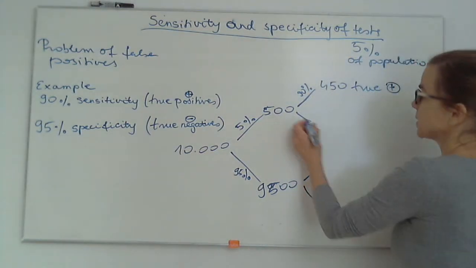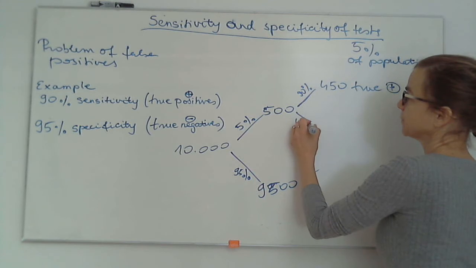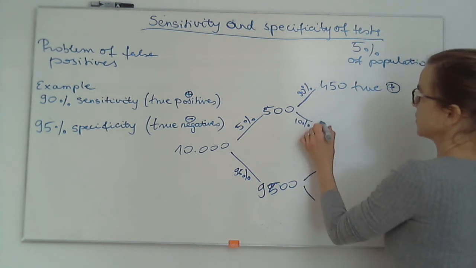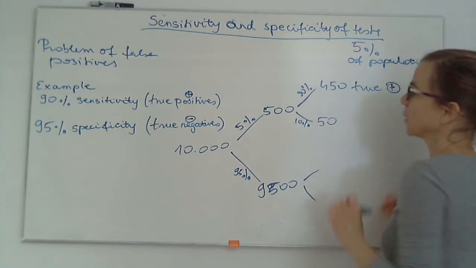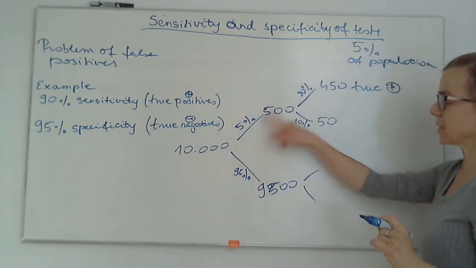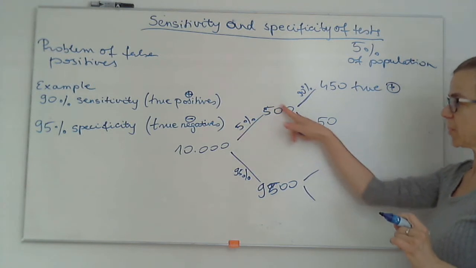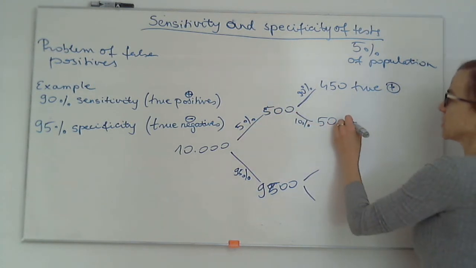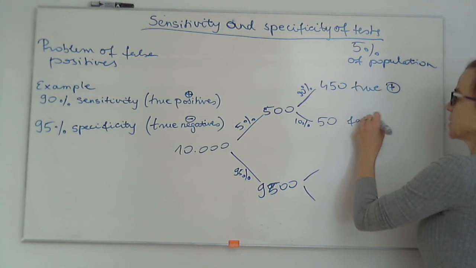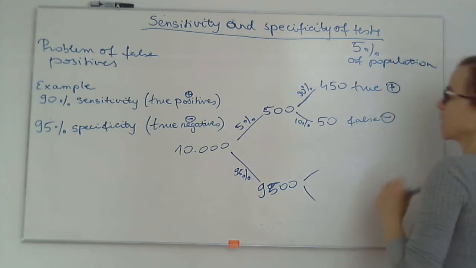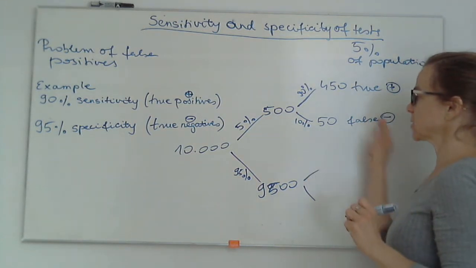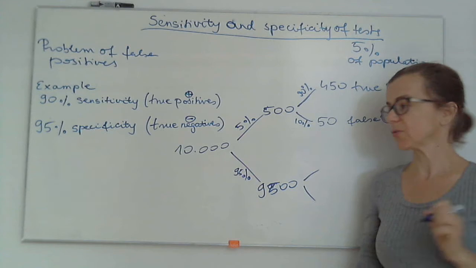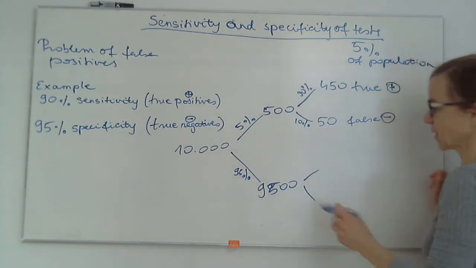The remaining 10%, that's 50 people, carry the disease. Remember, we are in this 5% branch, but they are going to end up with a negative, so they are false negatives. They carry the disease, but the result is going to be false because it is negative.